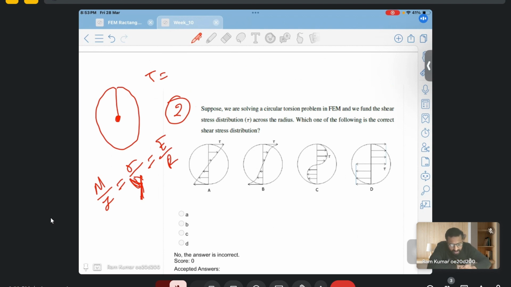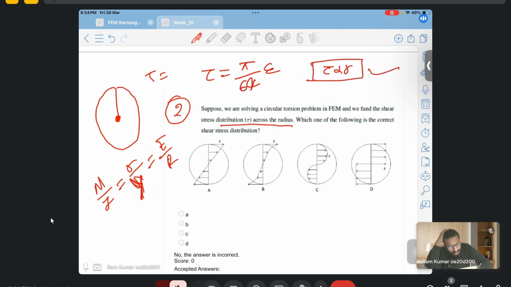What is the formula of shear stress? Deepak? Tau equals something like pi by 64. It is okay, but I know the variation of shear stress with radius is directly proportional. I forgot the exact formula. No problem, it is directly proportional to that.